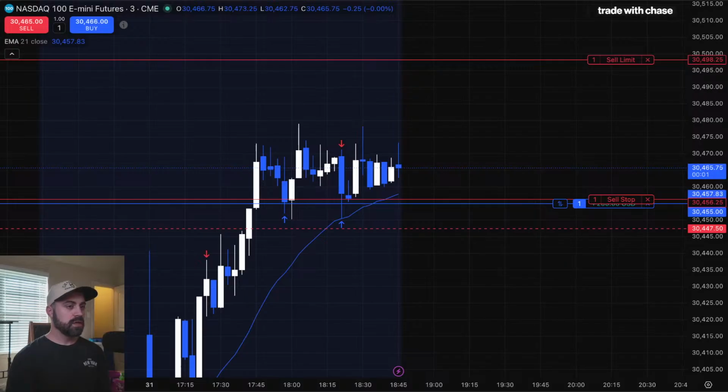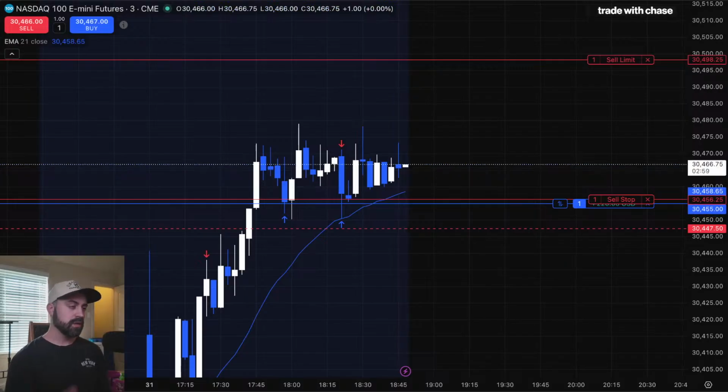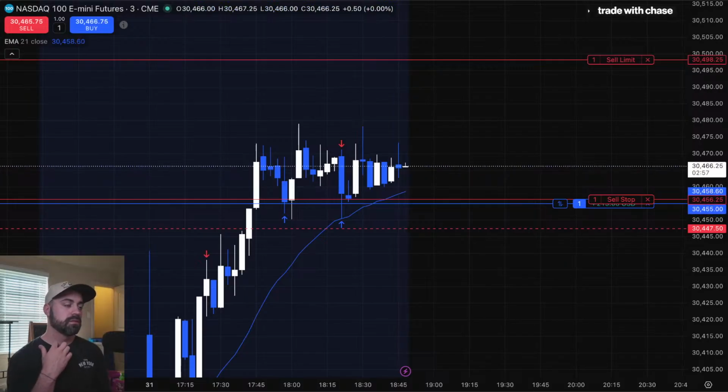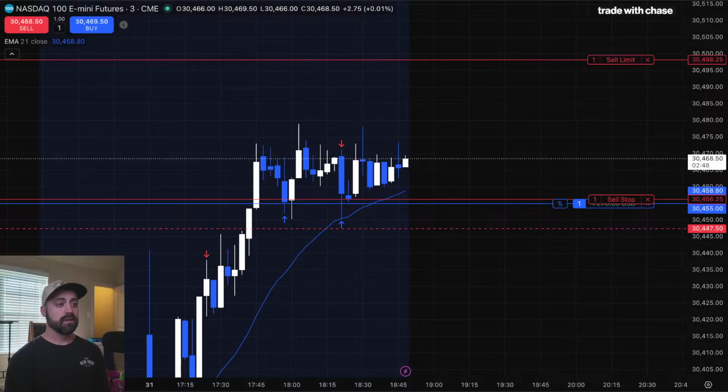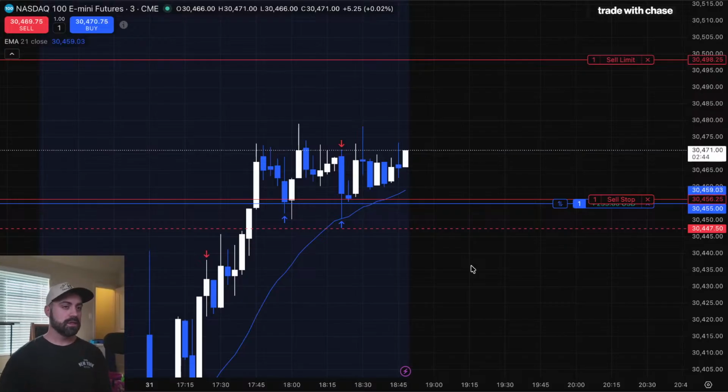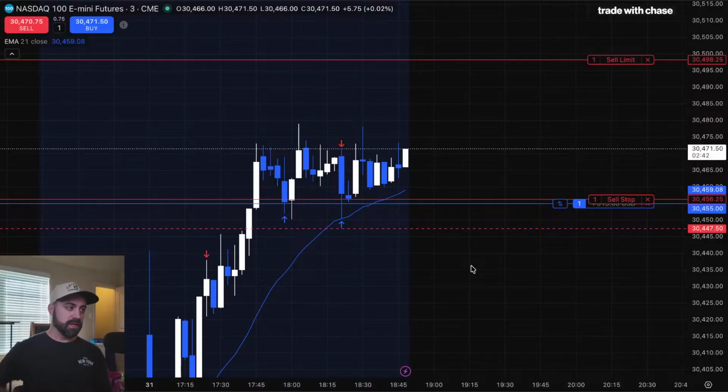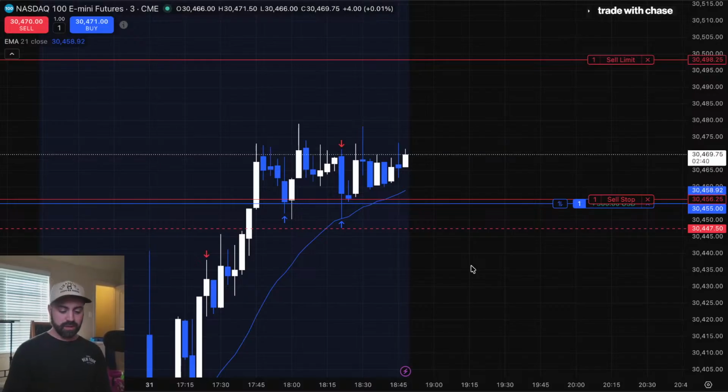So far, trade copier still looking good. And the one that I used to use in NinjaTrader was the absolute worst. I blew so many accounts with that trade copier.